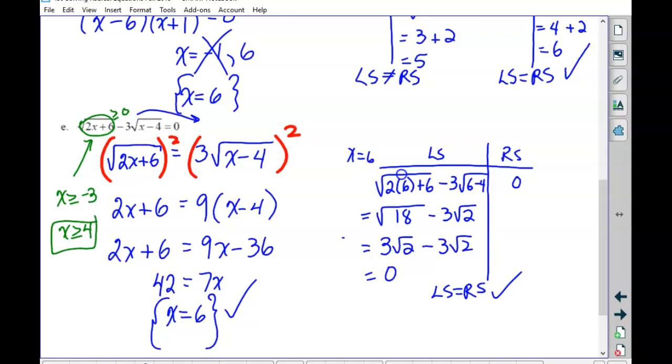Because if we said, let's say x is 0, so 0 is greater than -3. If I put 0 in here, I get a negative, so it wouldn't work. So for sure, when we get our solution here, it has to be greater than or equal to 4. Not even an option. Could be anything else.